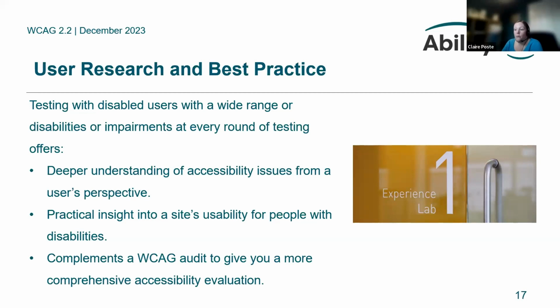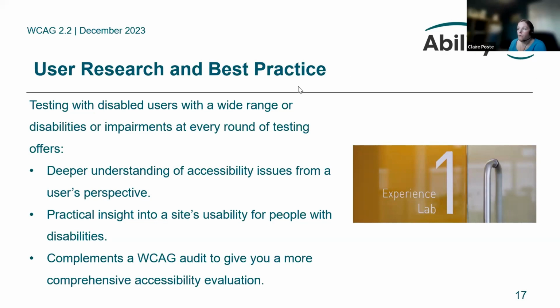It also gives you more practical insight into the site's usability for people with disabilities. And it's something to complement your WCAG, or give you a more comprehensive accessibility evaluation.